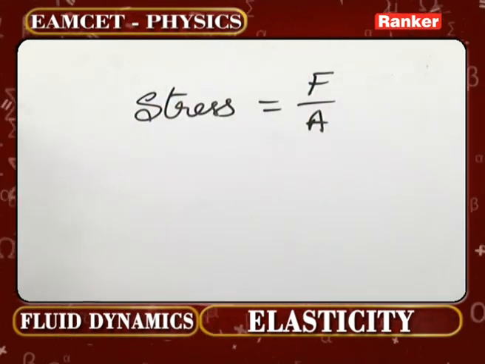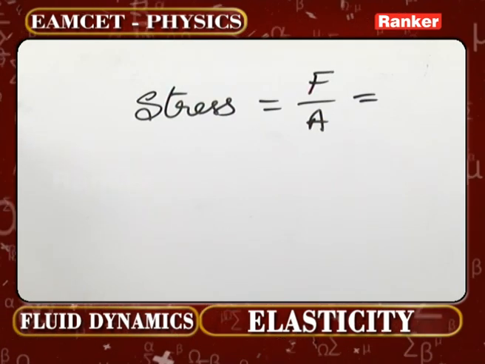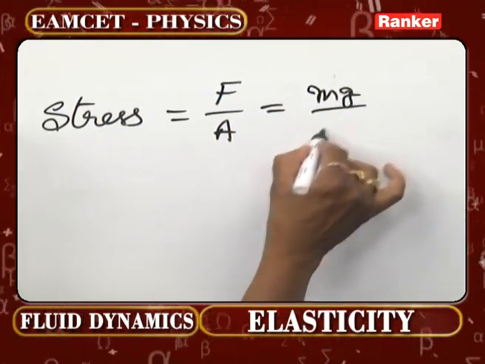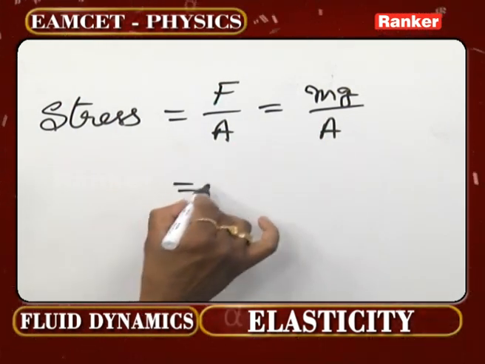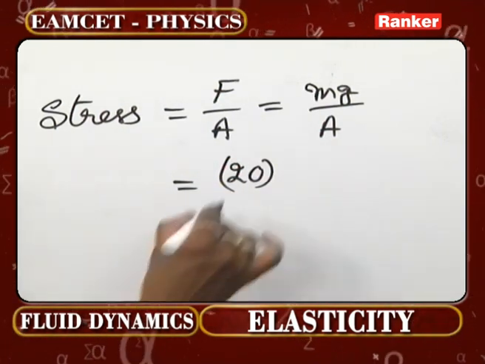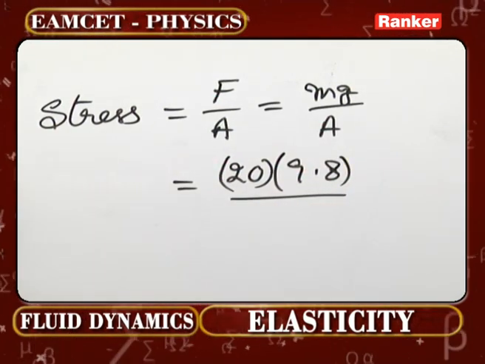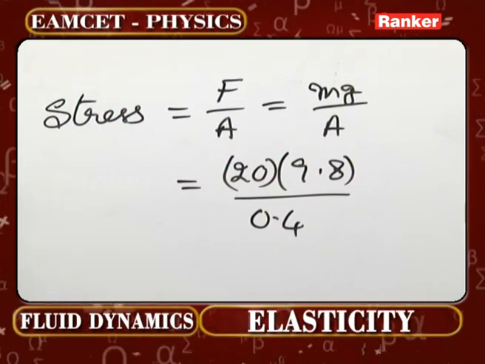So, if you take up this one over here, what is the force that is given there? 20 kg is the load. Force now can be written as mg and A is area of cross section. Now you can take directly 20 times, what is the value over here? G is 9.8 by area of cross section is given 0.4 millimeter square.